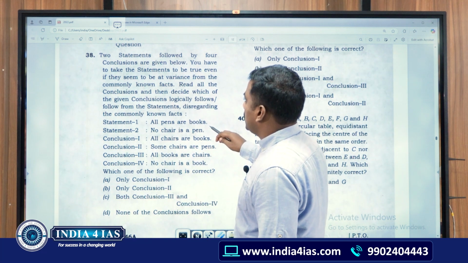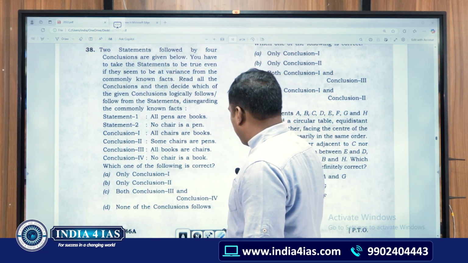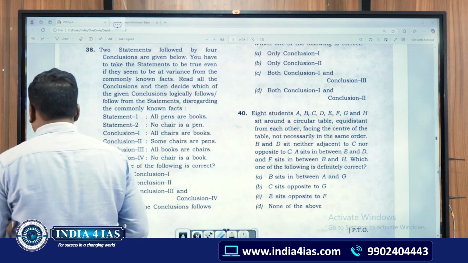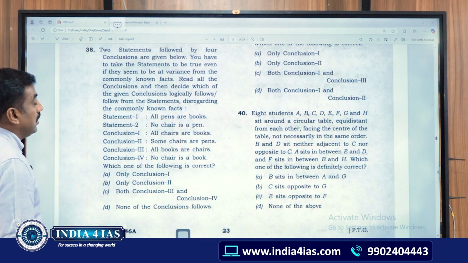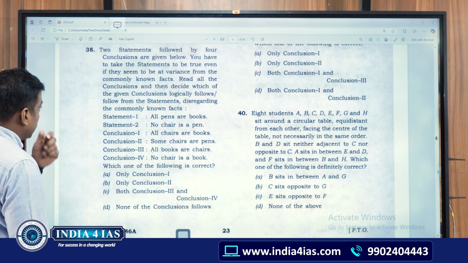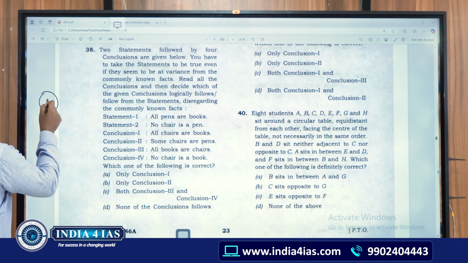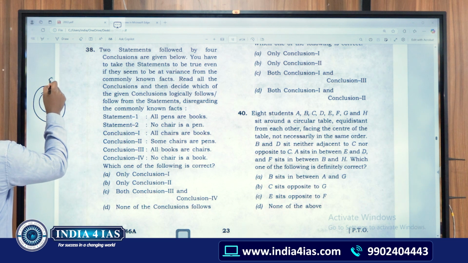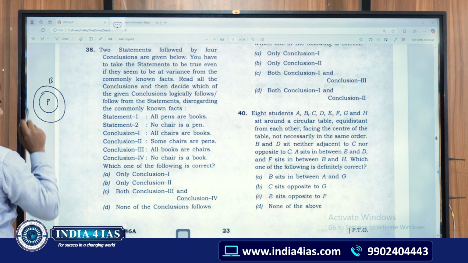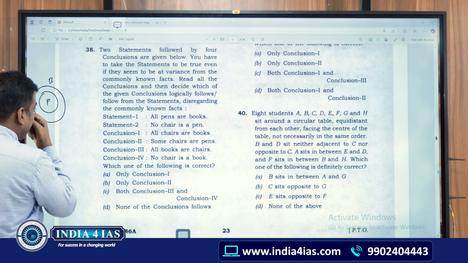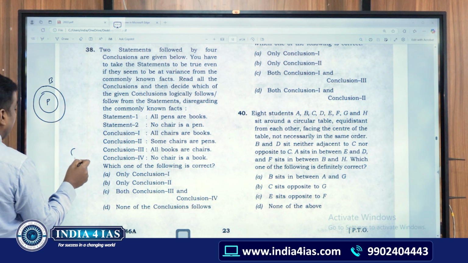Now, this is a problem associated with syllogisms. So statement 1, all pens are books. So some books are pens, that's all. No chair is a pen. So there is no logical connection between pen and a chair.